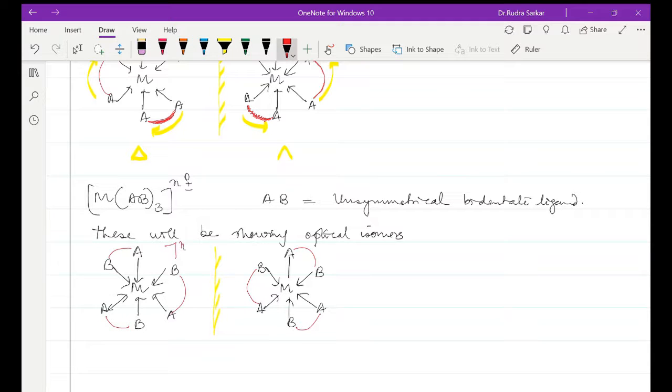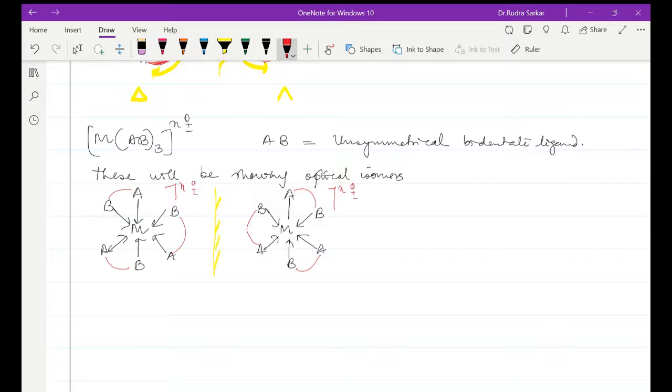So this again is M(AB) whole thrice, this is M(AB) whole thrice. So this will be what? Delta or lambda? We will say this is lambda and that will be delta.